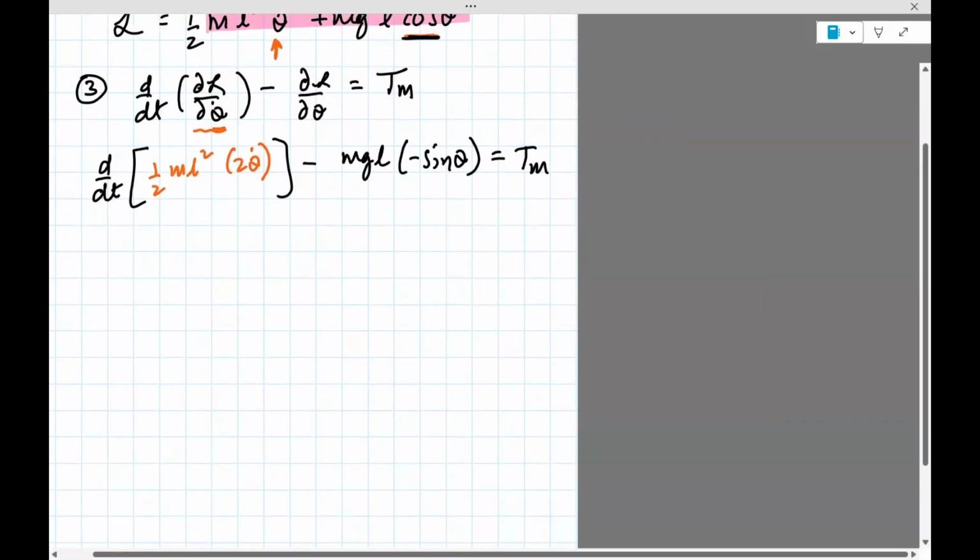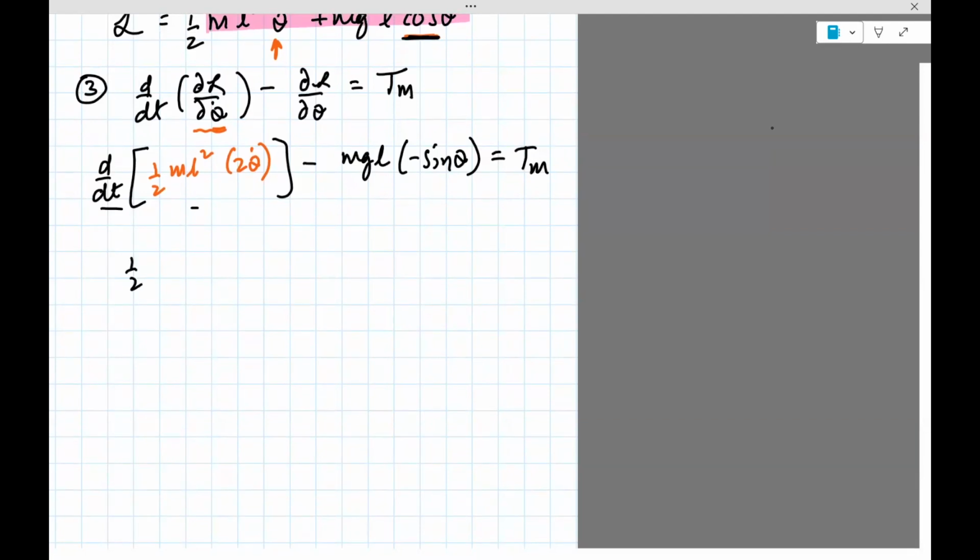Okay, and the last step is to take this derivative. So half, well, this 2 and this 2 cancel. So ml square. d dt of theta dot, the rate of change of angular velocity, is the angular acceleration.